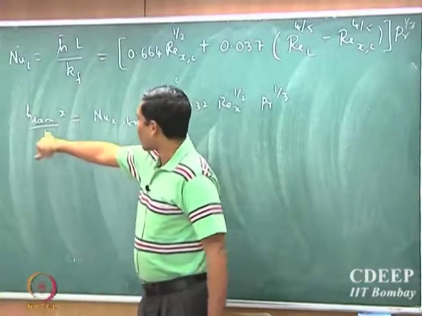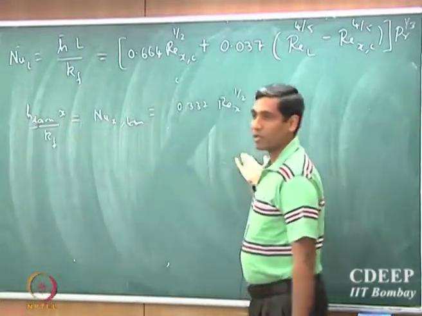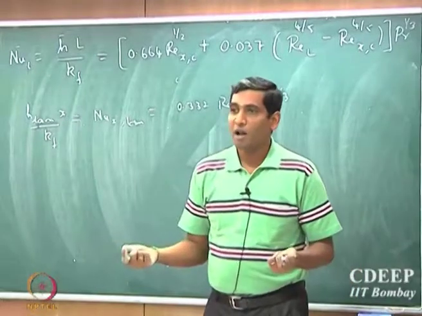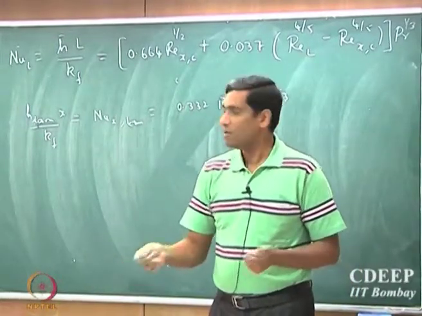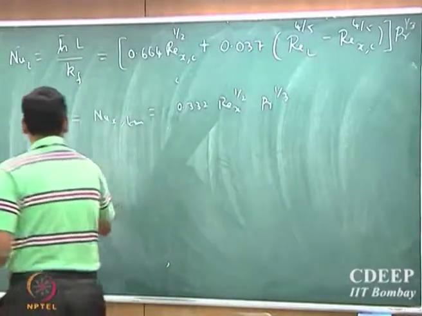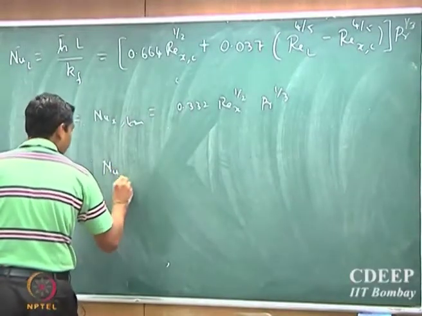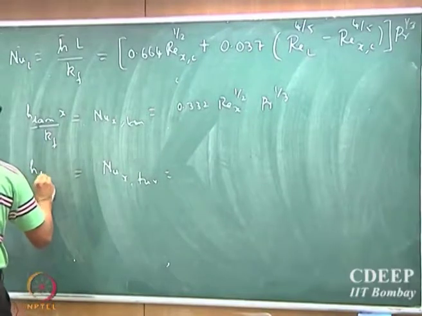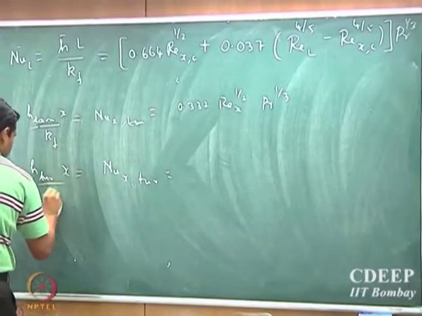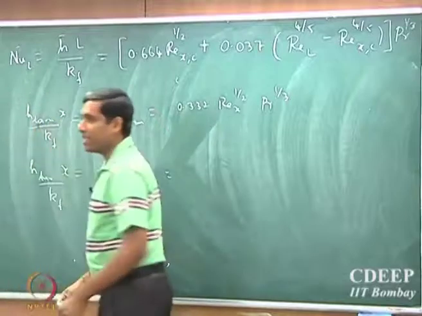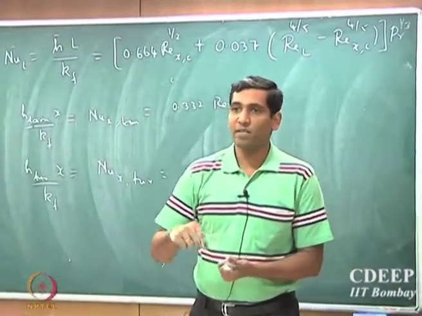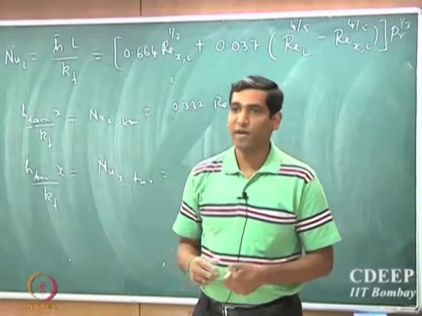So I have found out what h laminar is from this expression, and then I integrate with respect to the x coordinate up to the critical location, and then similarly I take the expression of Nusselt number for turbulent flow, that will be h turbulent x by Kf, and then you integrate that with respect to x coordinate going from the critical location to the length of the plate.